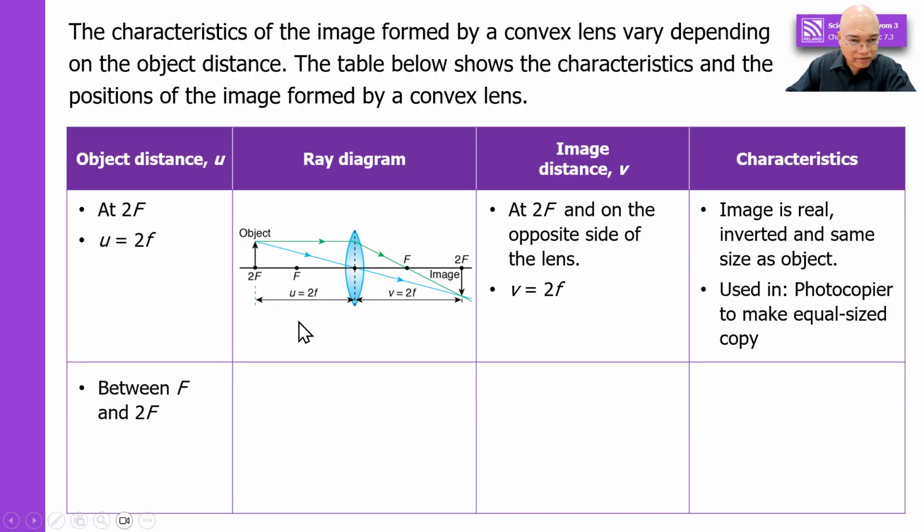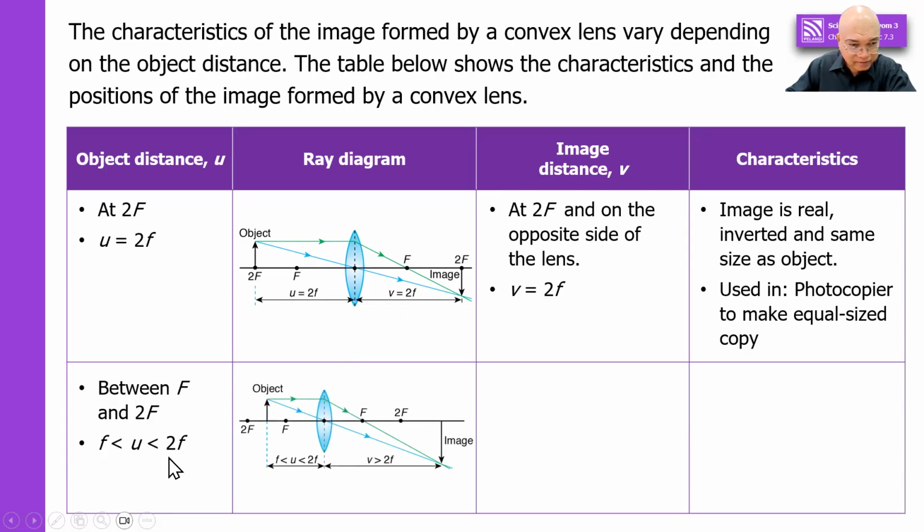Now between F and 2F, what is between F and 2F? Now we have the object distance is less than this part. And as you see, this is the object distance, the image distance is beyond 2F right here.